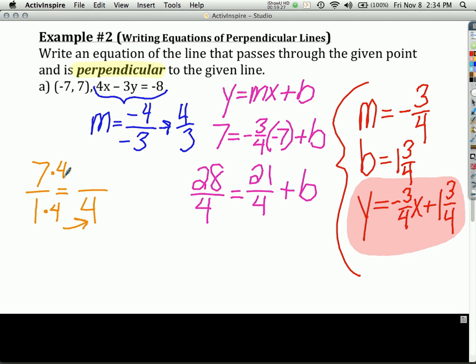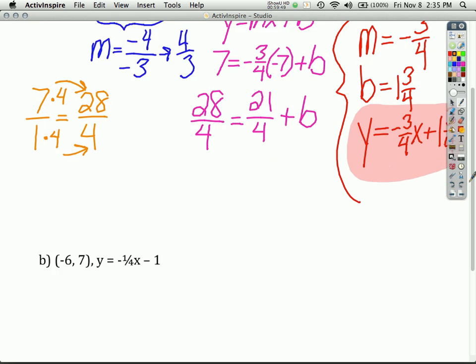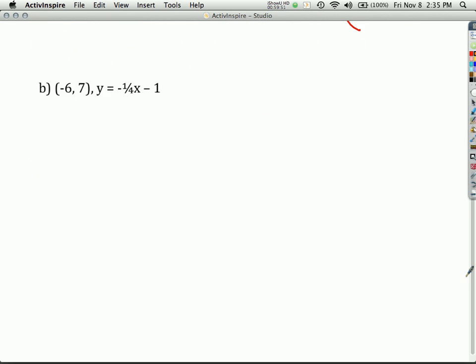Multiply the top by 4 and you get 28. Yes, I did it quickly, but again, these are the kinds of things that you should have instincts about or should be on your way to developing instincts about. Okay? Good. So let's continue to develop and improve on the idea of writing a perpendicular line.